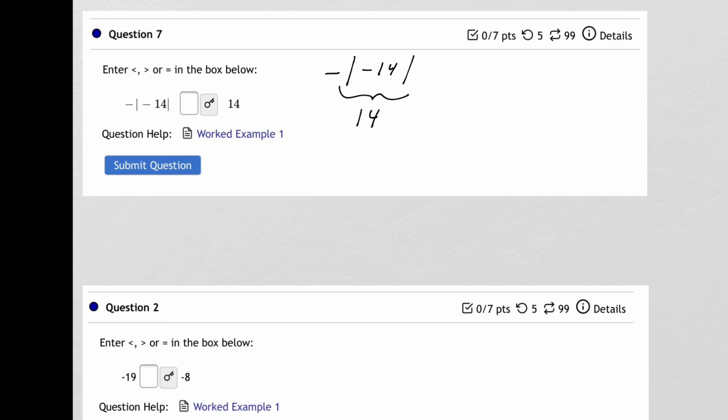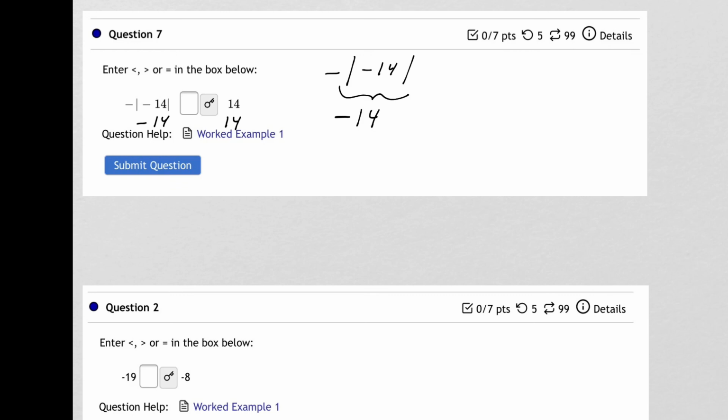Remember, the absolute value is defined to be the distance from 0 on a real number line, and negative 14 is 14 units from 0. The easiest way to think about it is if it's negative and you take the absolute value, it makes it a positive number with the same magnitude. But we still have that negative out front, so that negative has to be attached at the end. So this is really negative 14 on the left-hand side, and I want to compare that to positive 14.